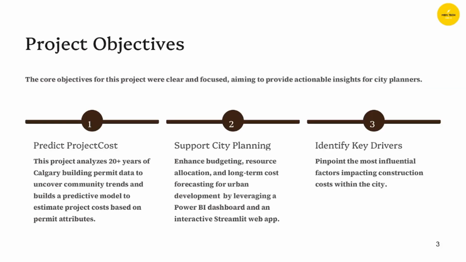So the project objective is like this. The core objectives for this project were very clear and focused, aiming to provide actionable insight for the city planners. The first objective is predicting the project cost. The project analyzes 25 plus years of Calgary building permit data to uncover community trends and build a predictive model to estimate the project cost based on the permit attributes.